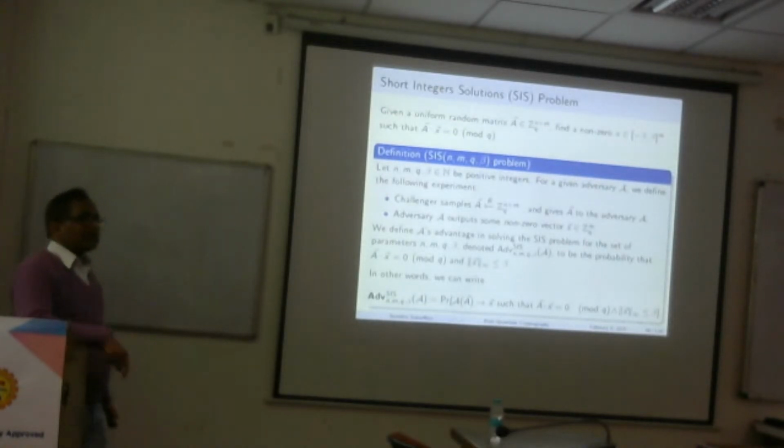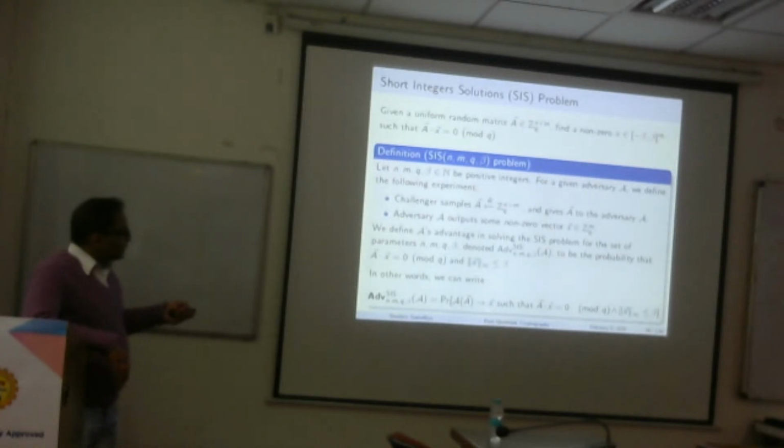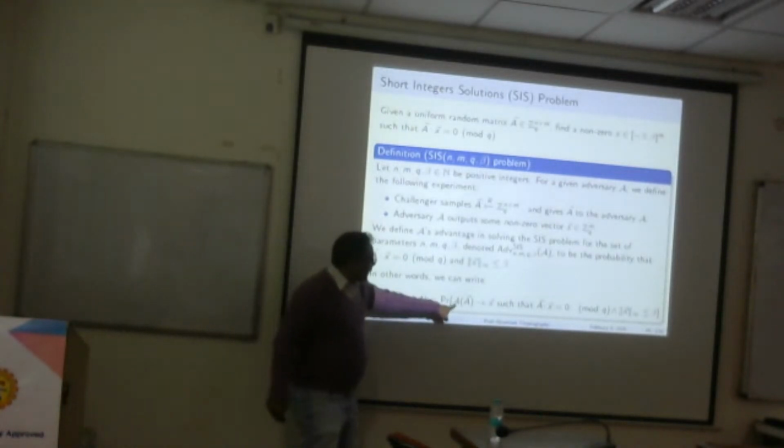And this problem is extremely hard. Short vectors satisfying this equation are known to be extremely hard. Now I will define it formally. I give you a matrix A. You have this calligraphic A, which is an algorithm that you are running.